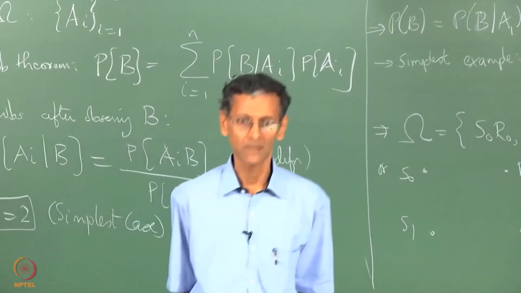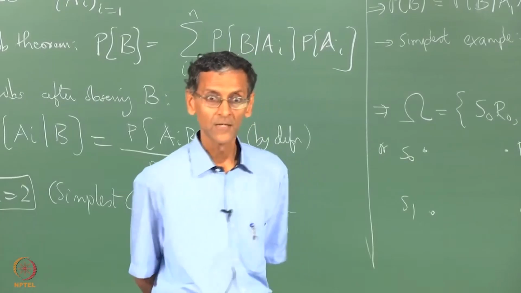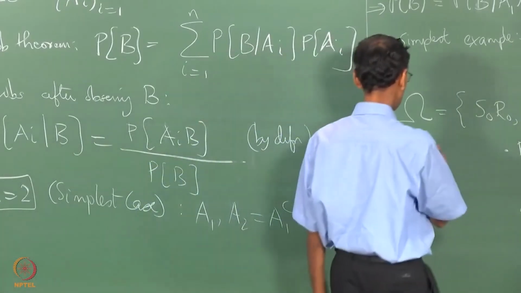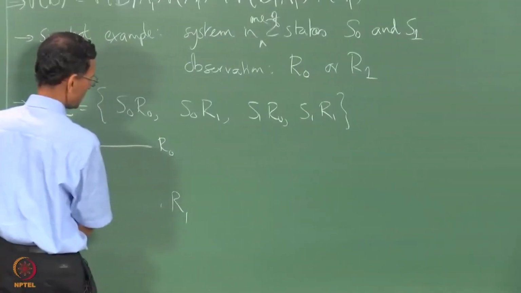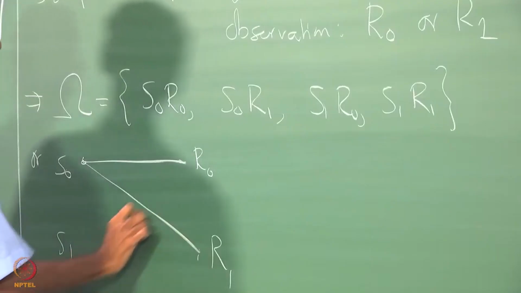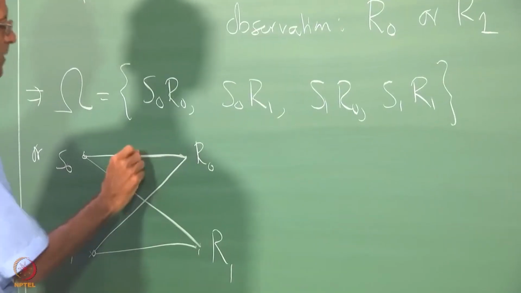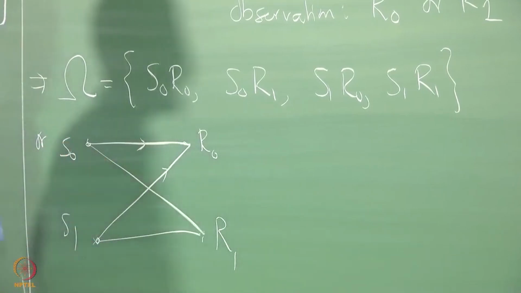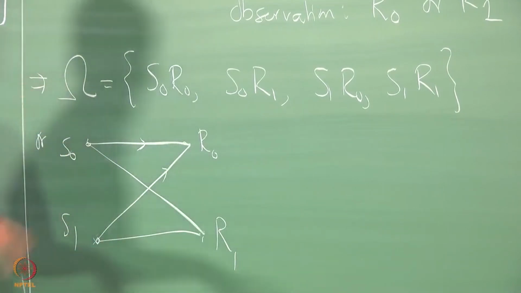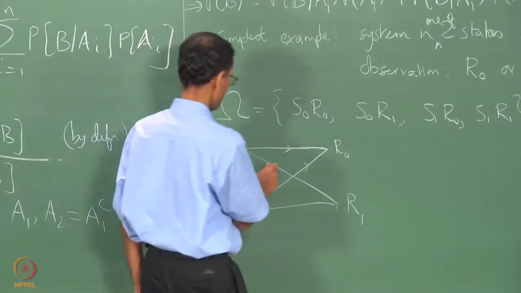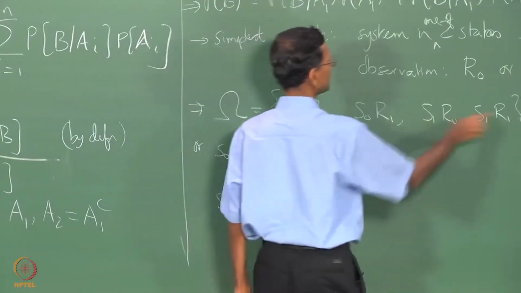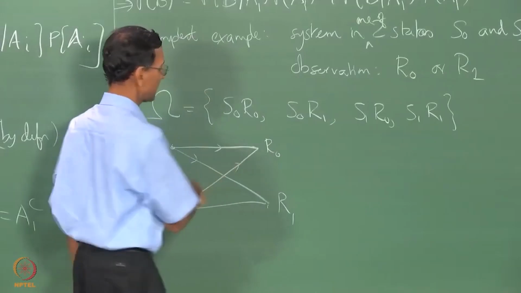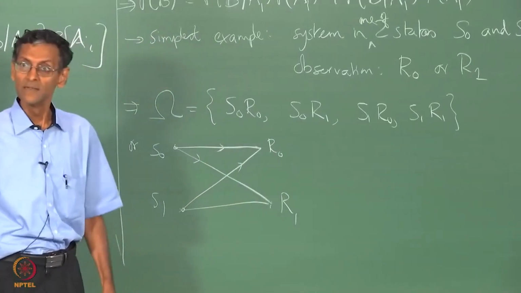You don't know what state the system is in. Then you have these connections. What are these connections? These are all the possibilities that you can have. You can have the system in S0 and the observation being R1, and so on. All 4 points are represented by connections.